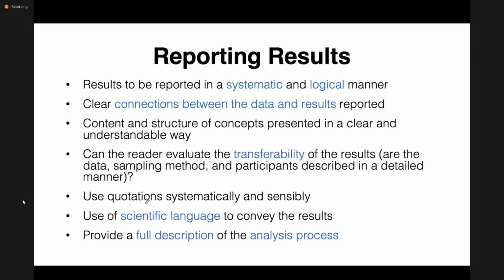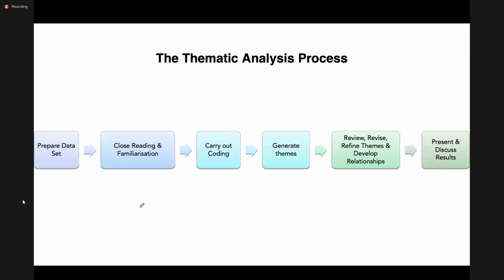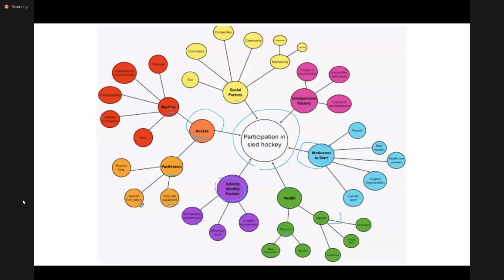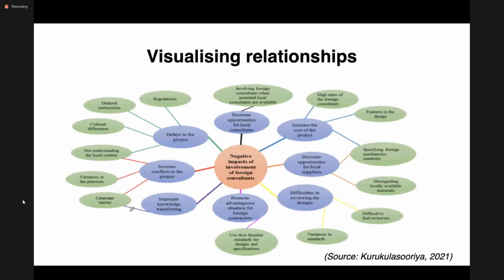So you have to use quotations, the quoted data, in a systematic, sensible way. Say only use quotations where necessary to highlight any of these themes or ideas that we come up with.